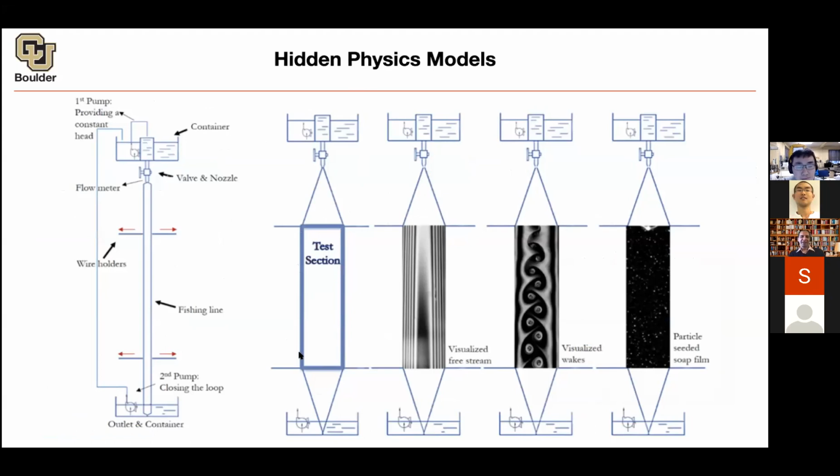There is no guarantee that the experiment that we were setting up is Newtonian. It could be non-Newtonian because this is a soap film. And the other observation is that in this experiment, these test sections are vertical. So we need to take into account the effect of gravity. So there's a cost to physics informing your neural networks. Your physics needs to be correct.